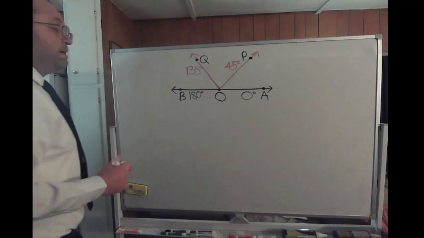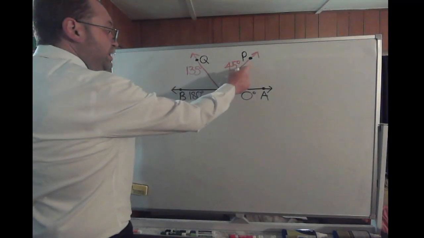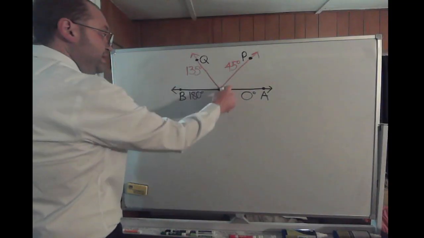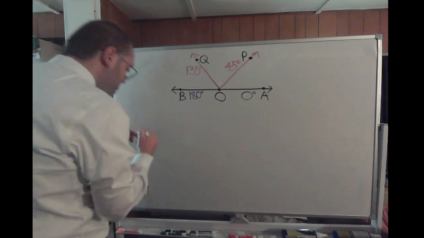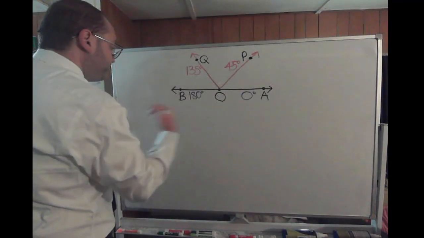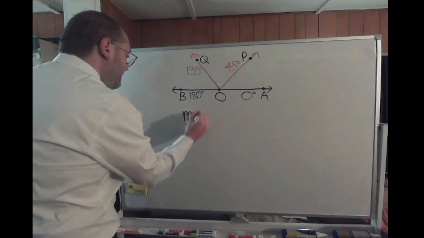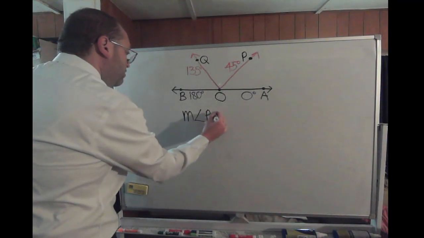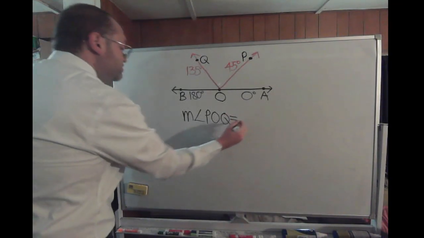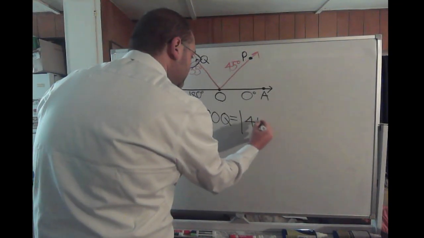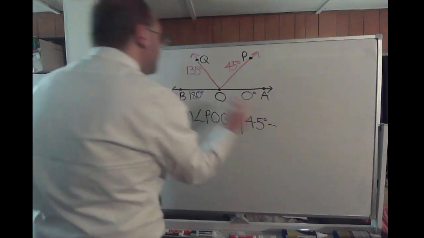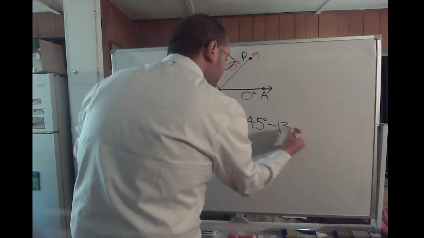Well, we want to find just the measure of angle POQ. Just POQ. So how we're going to do that here, let me write in black so you can see it better. The measure of angle POQ is going to be equal to the absolute value of this 45 degrees minus 135 degrees.